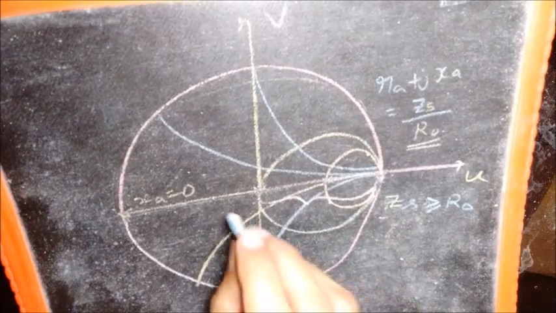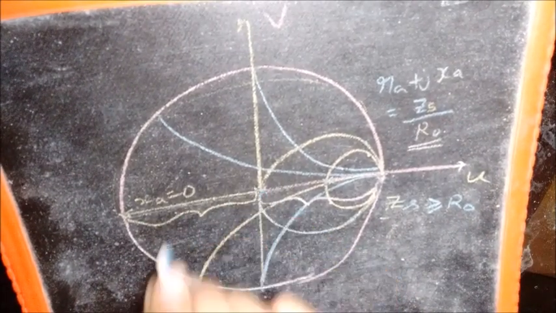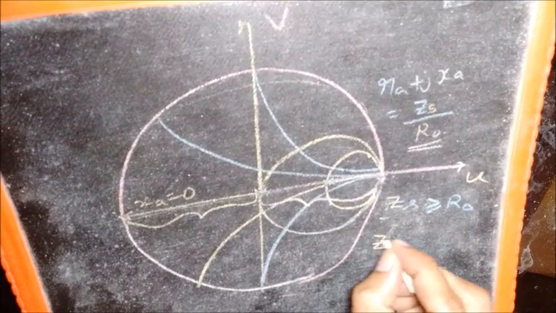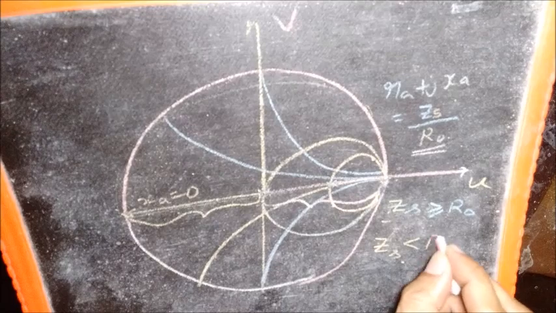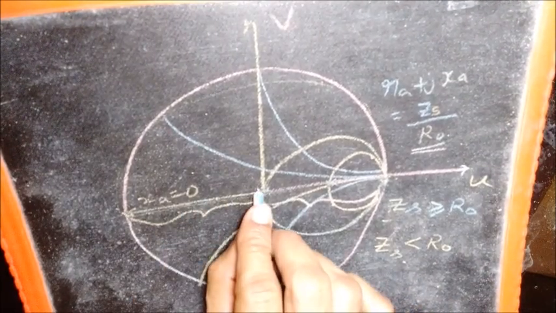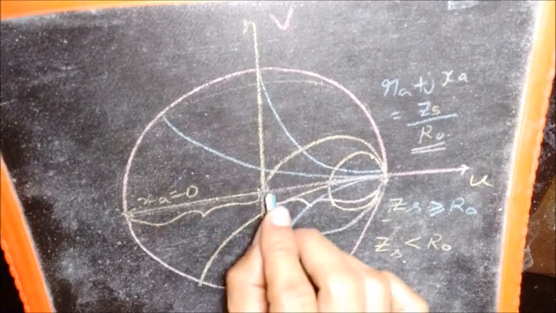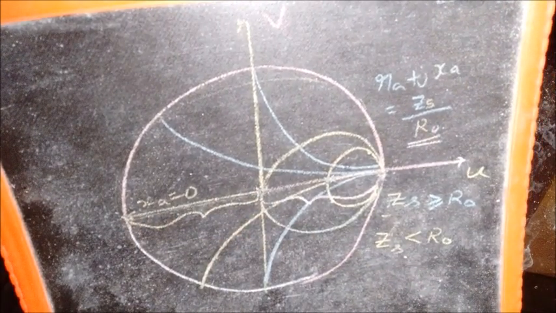And by the same argument, on this side, leaving out the 1 here, I can say that ZS will be real and less than R0, because ZS by R0 equal to RA is less than 1 on this radius. So this is the next important observation.